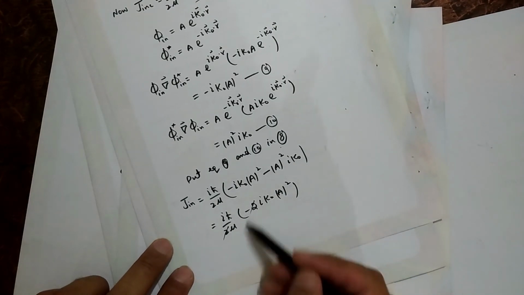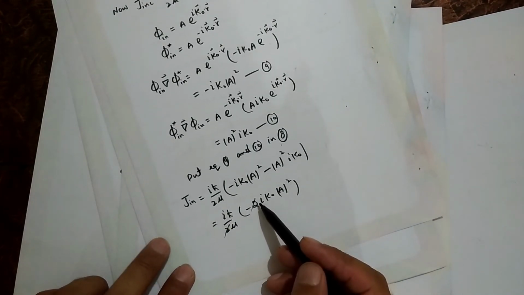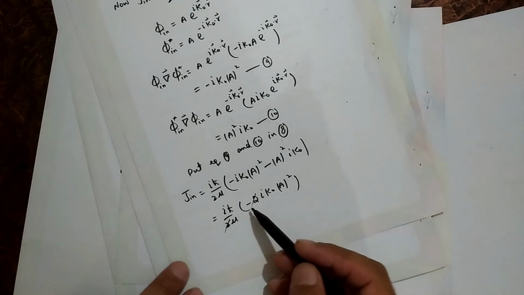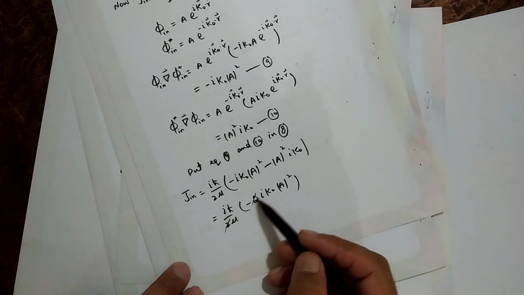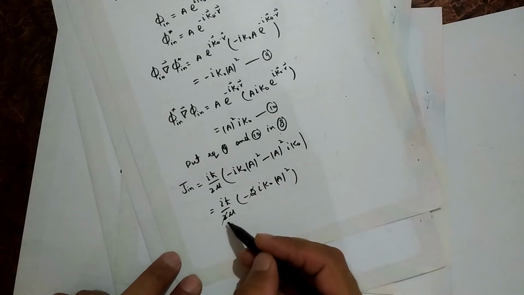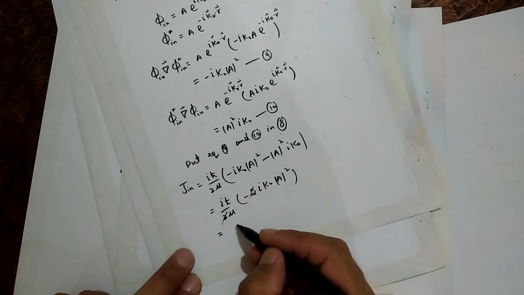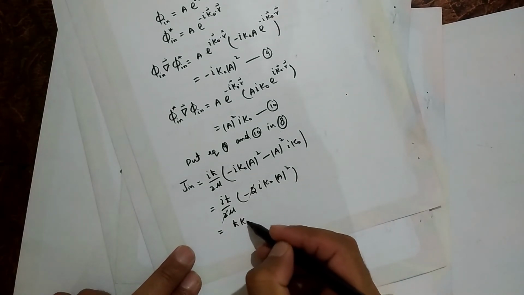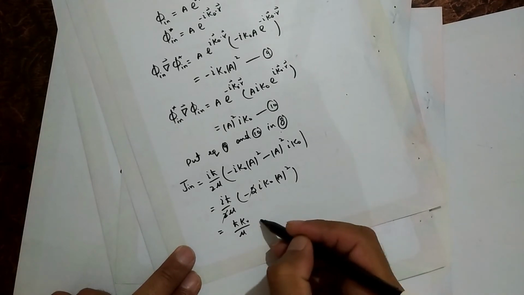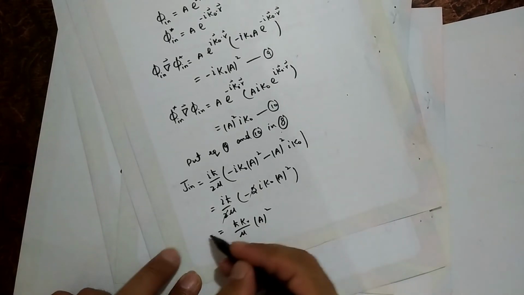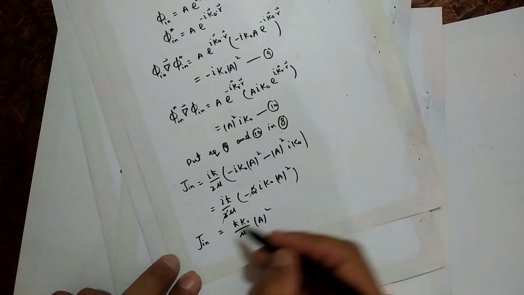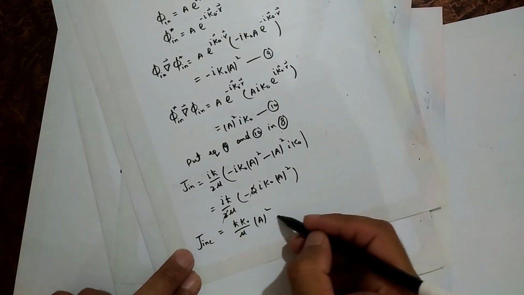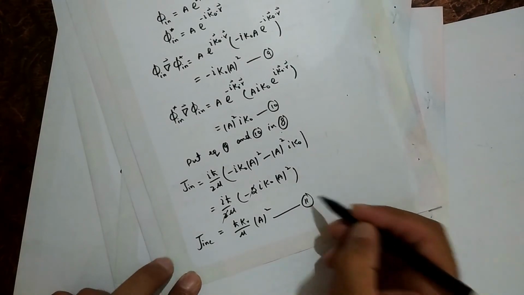This 2 will be cancelled with this 2, and i square will become minus 1, so this negative sign will become positive. Therefore we will get h cut k naught divided by mu times mod a square. This is the J incident. This is equation number 11.